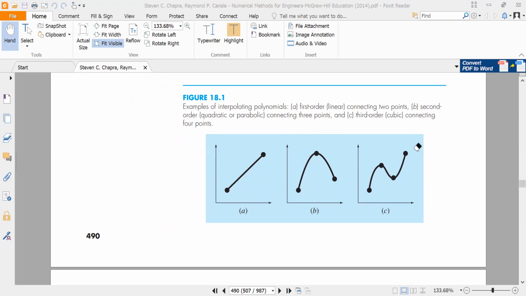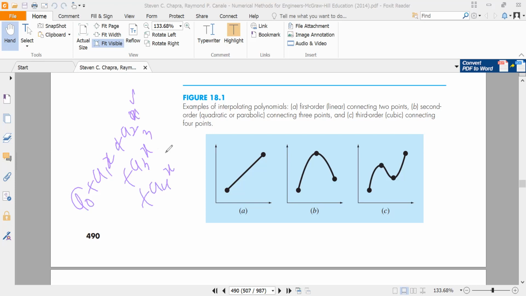Fourth order? If you have a fourth order polynomial, then your polynomial is equal to a0 plus a1 x plus a2 x square plus a3 x cube plus a4 x to the 4.